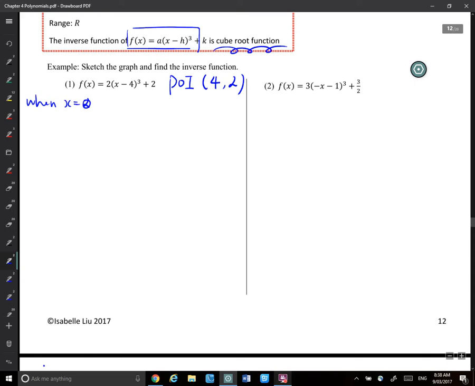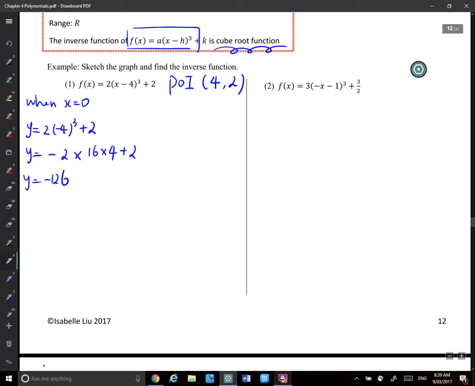When x equals 0, y equals 2 times minus 4 cubed plus 2, negative 2 times 16 times 4 plus 2, which is a really large number. So y equals minus 128 plus 2, so it's minus 126.